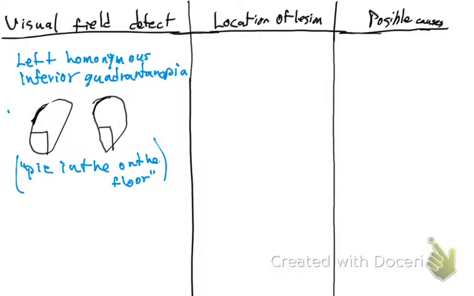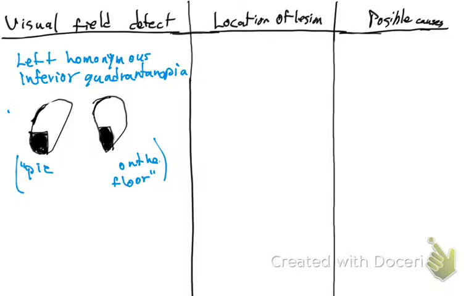Now we can color. So this is the left homonymous inferior quadrantanopia, or pie on the floor.